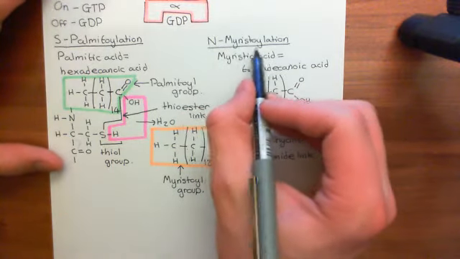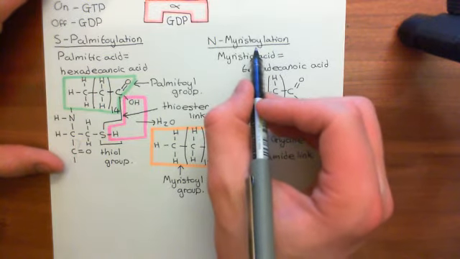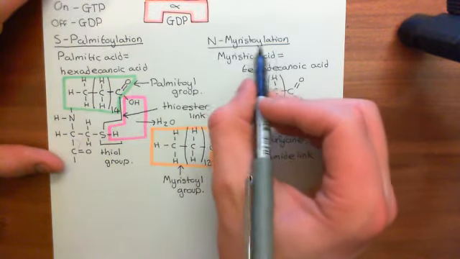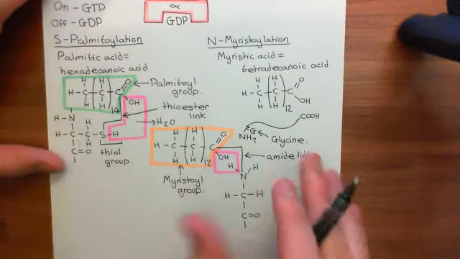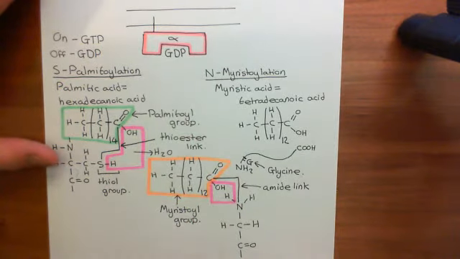Now, some alpha subunits of heterotrimeric G proteins get N-myristoylated as well as S-palmitoylated, okay, which means that they have two lipid moieties sticking off the side. They have a myristoyl group sticking off their amino terminus, and they also have a palmitoyl group sticking off some cysteine somewhere.